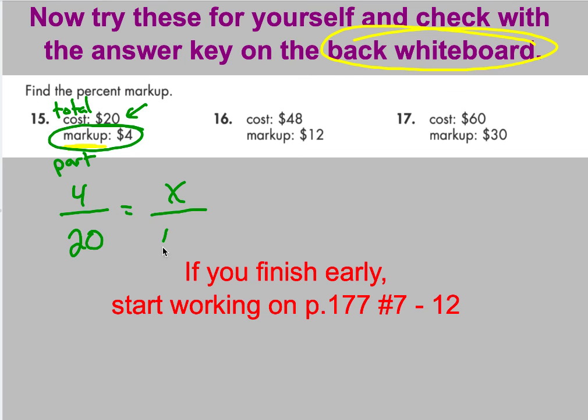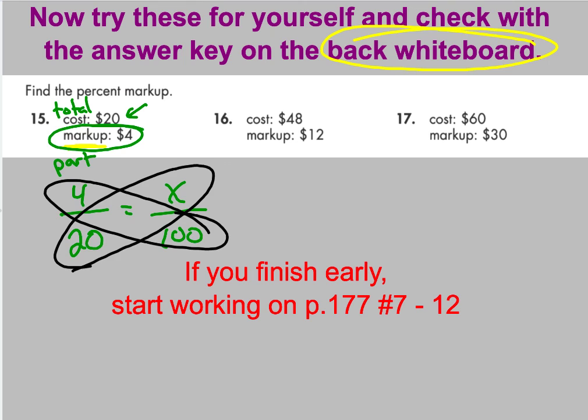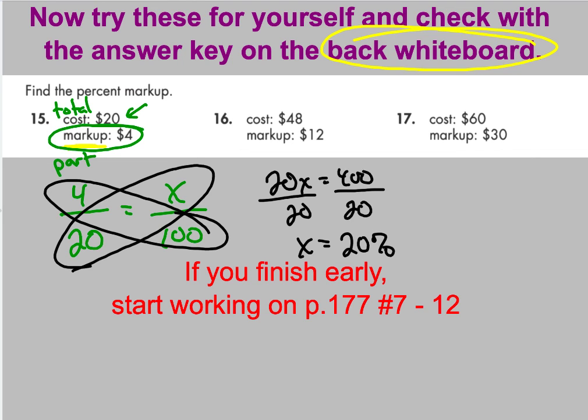And I want to find my percent. So I do my cross products. I get 20x is equal to 400. Divide by 20. 400 divided by 20 is 20%. So they marked up the price by 20% when they raised it that additional $4.